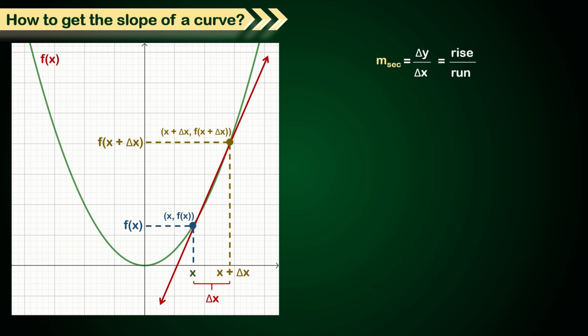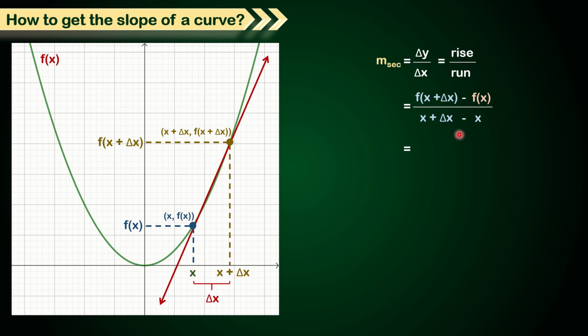Change in y is the difference between the y-coordinate of the second point and the first point, which is f of x plus delta x minus f of x, over change in x, which is the difference between the x-coordinate of the second point and the first point, which is x plus delta x minus x.